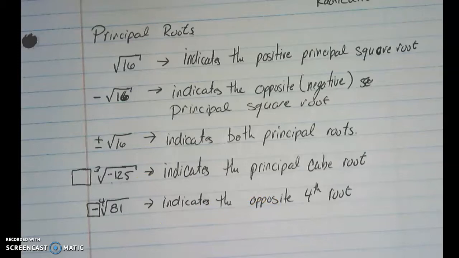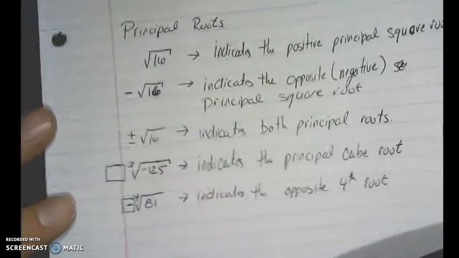All right, so let's work on a couple examples, right? Sweet. Any which way you want to do this problem, you can do it. Let's go plus or minus the square root of 25x to the fourth.